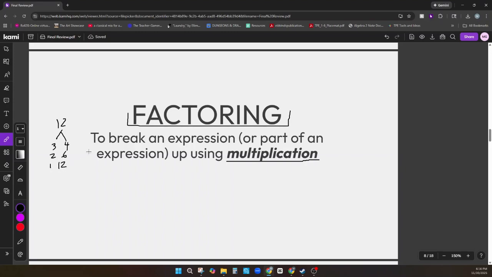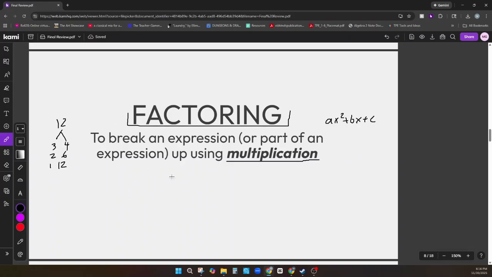Or we also could factor quadratics, ax squared plus bx plus c. Or we might be able to do both in one. We might be able to factor out a number and a quadratic in the same kind of problem. So that's the definition of factoring.